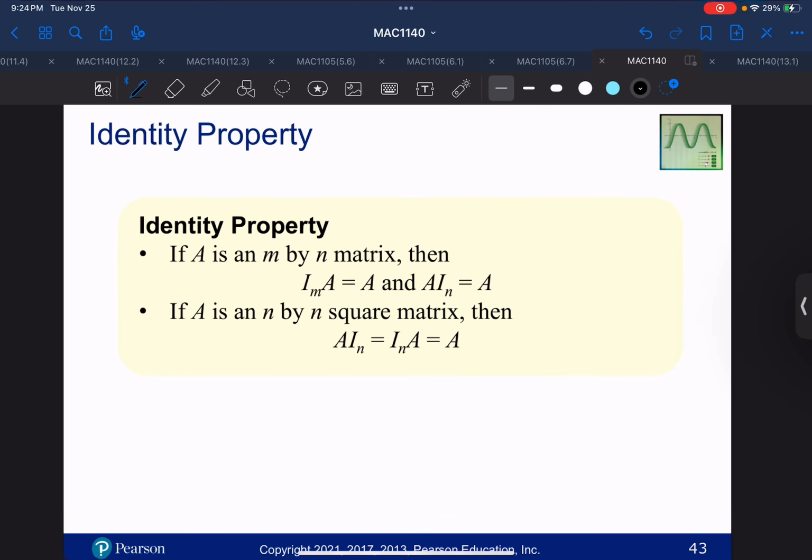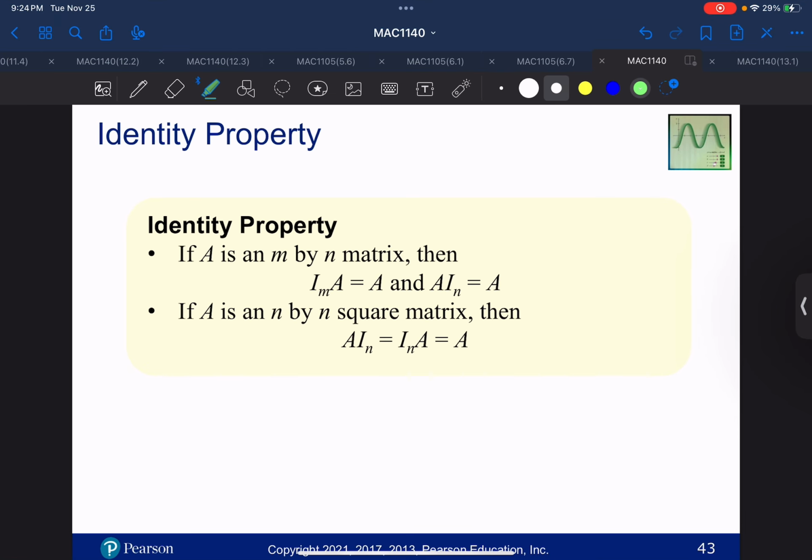So the identity property that we just showed is that if A is an m by n matrix, then the m by m identity matrix times A is equal to A, and A times the n by n identity matrix is equal to A. And if A is an n by n square matrix, then it doesn't matter which order you multiply it in, because I will be the n by n identity square matrix as well.